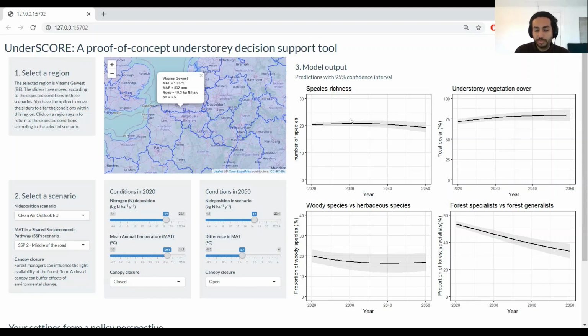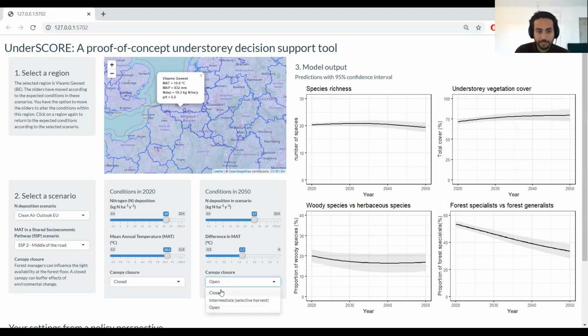The richness will remain stable, so the number of species will not change, basically. The cover as well would remain stable. The amount of woody species would remain flat, but we see a sharp decline in the amount of specialists, the shade species, the species that love shaded conditions.